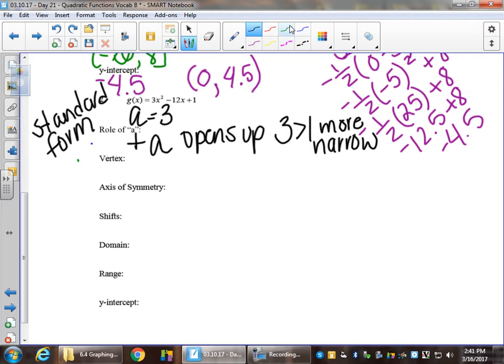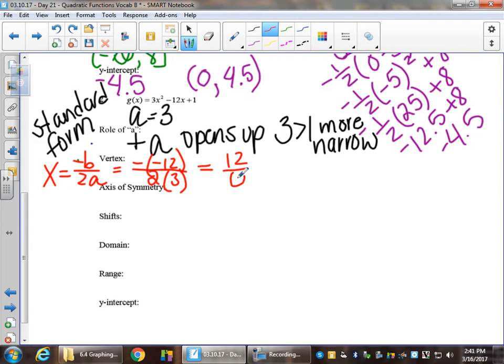In order to find the vertex, we have to use our new equation, which is x equals negative b over 2a. b is negative 12, so we're going to have a negative negative 12. 2 times a, where a is 3, gives us 12 over 6. Simplifies to 2, but we're not done.